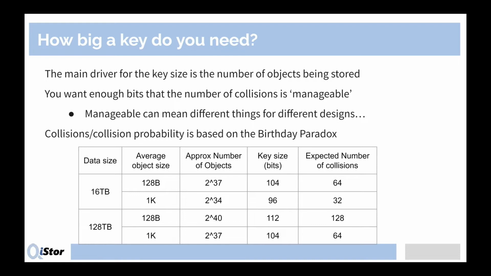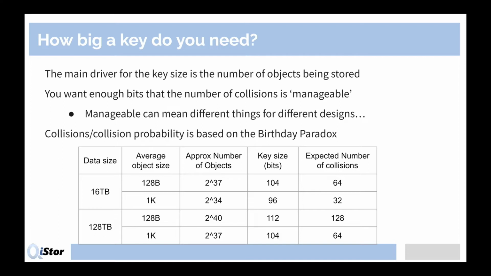So here we have a 16 terabyte data size. And let's look at two different average object sizes. If I have a 128 byte average object size, then I have 2^37 objects. For 2^37 objects, you do the math, you need about 104 bits. And with 104 bits, you would get approximately 64 collisions with that capacity and object size.